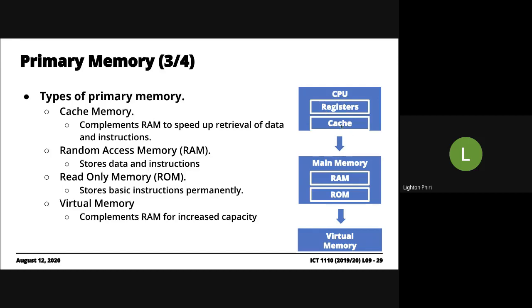If it's there, then it will fetch it from there and just execute it. If it's not there, then it has to make the long round trip to main memory and fetch it from there.